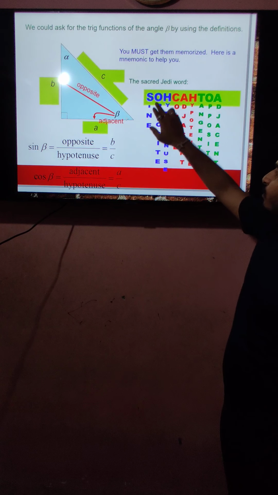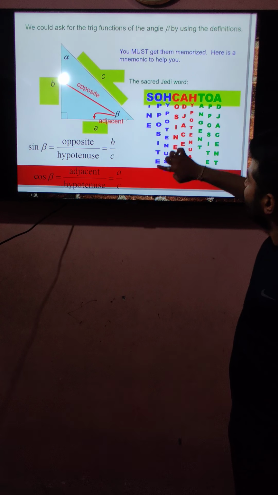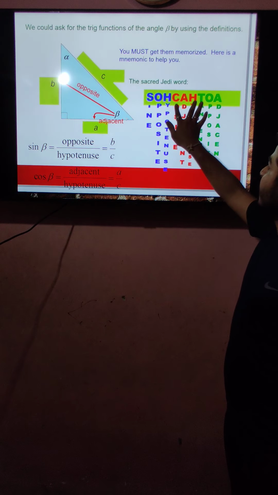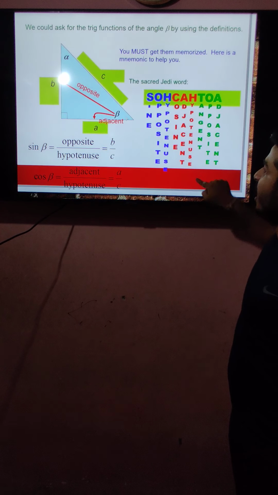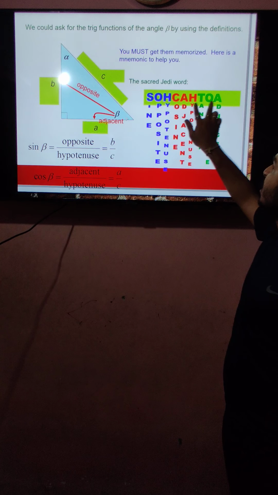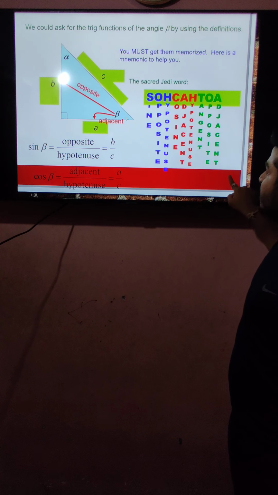Now you know sine is equal to opposite over hypotenuse, SOH. CAH: cosine becomes adjacent over hypotenuse. TOA: tangent becomes opposite over adjacent.